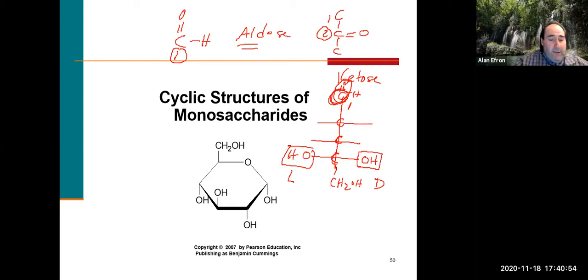Okay, so what we're going to talk about now is that a lot of times these carbohydrates are not always in these straight chain structures, if you will. Sometimes they do fold up on each other, and they do make cyclic structures. So cyclic structures, like we see on the screen here, are basically like in organic chemistry, some of those 6-member rings, maybe 5-member rings.